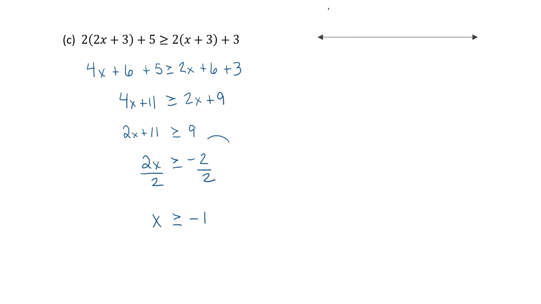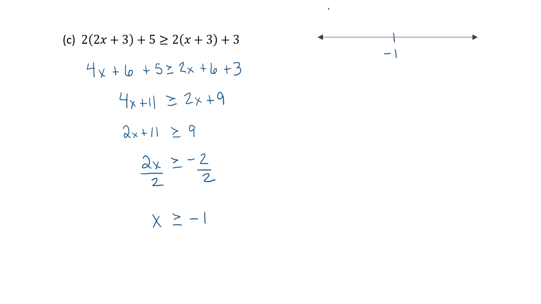And notice here I'm dividing a negative number, but I did not flip the inequality because I'm not dividing by a negative number. It has to be that you're dividing by a negative number to flip the inequality, or multiplying by a negative number. So here we have x is greater than or equal to -1.